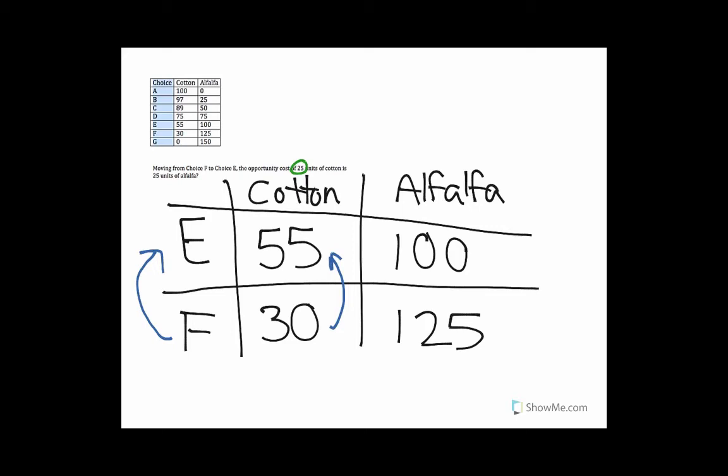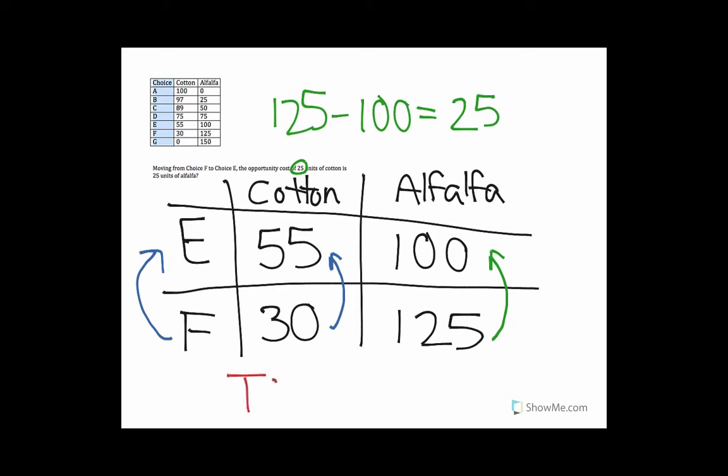But notice if we do that increase from 30 units of cotton to 55 units of cotton, our alfalfa production decreases from 125 to 100, and we're actually losing 25 units of alfalfa. So that is the opportunity cost of moving from point F to point E, and that's what the question says, so this one is true.